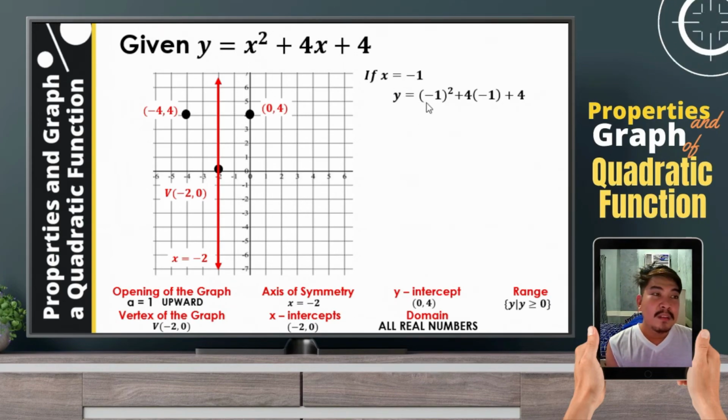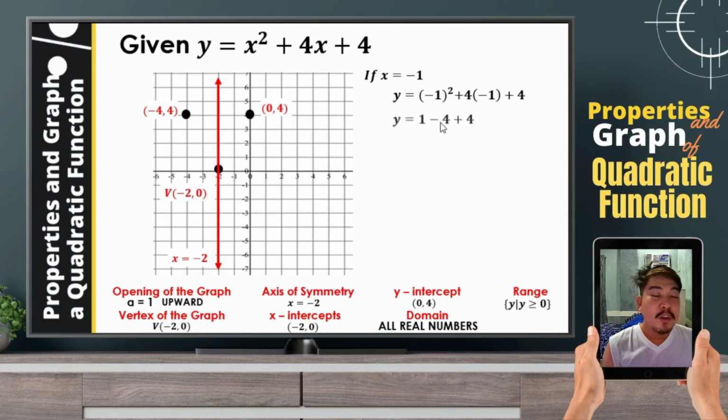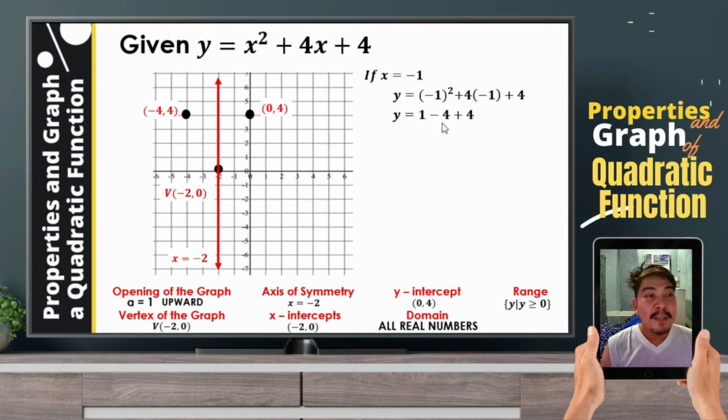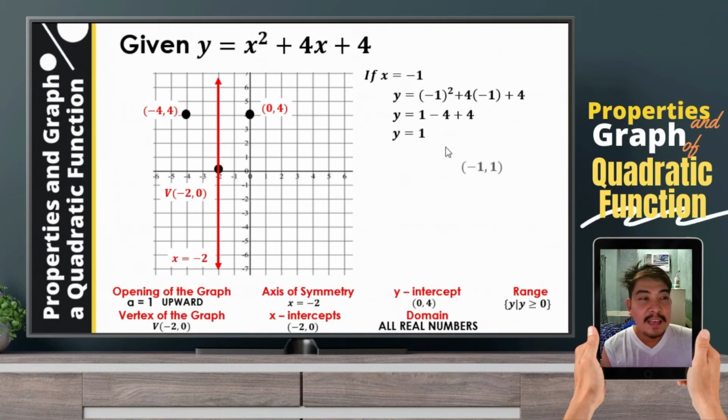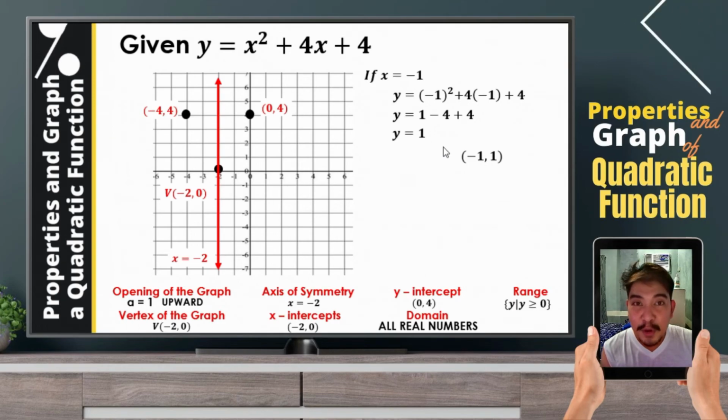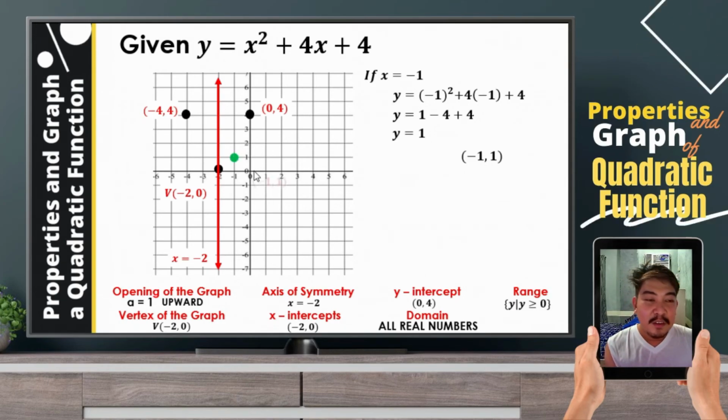So that will be y equals negative 1 squared plus 4 times negative 1 plus 4. And if we are going to simplify, we have 1 minus 4 plus 4, which has the answer y equals 1. So therefore, if x is equal to negative 1, the value of y is 1. And that will be our other point. Okay? So this is other point, negative 1, 1.